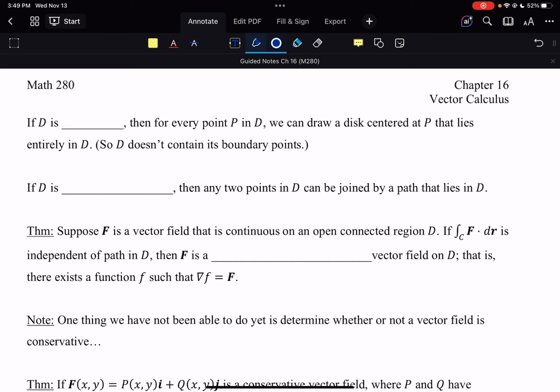So we say that if D is open, then for every point P in that domain, we can draw a disk centered at P that lies entirely in D. So D does not contain its boundary points.